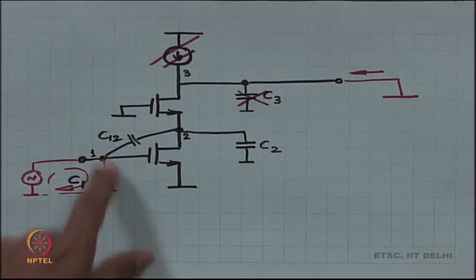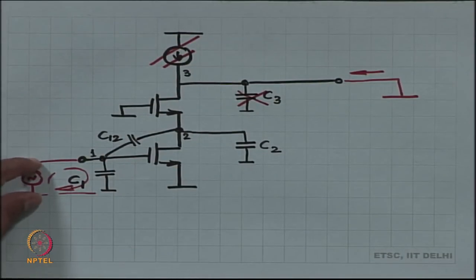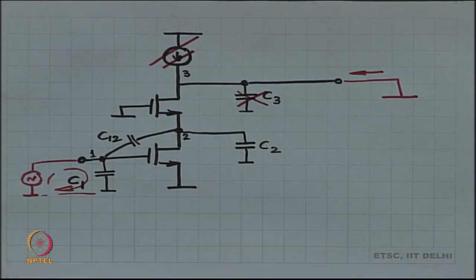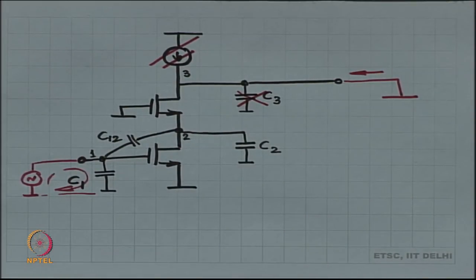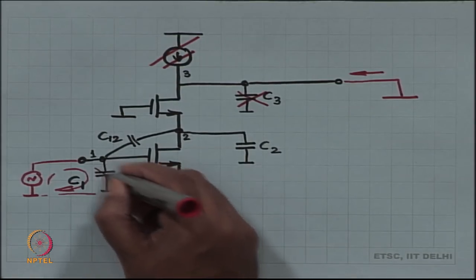The current through C1 is well defined, it is just coming from this voltage source. This current has nothing to do with this short circuit current. So, whether C1 is there or not, it does not matter. Let us forget about C1.